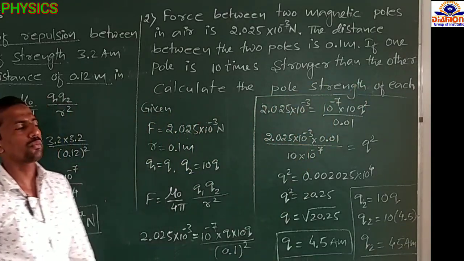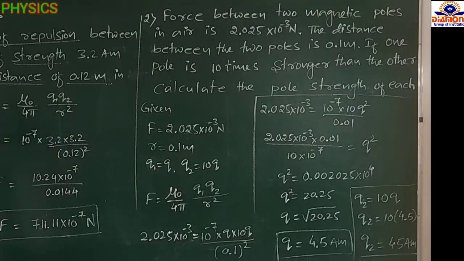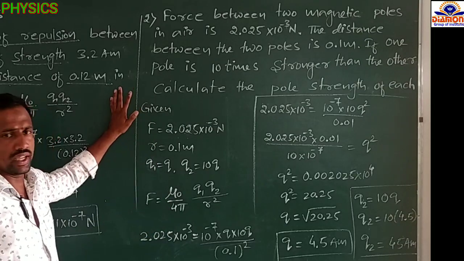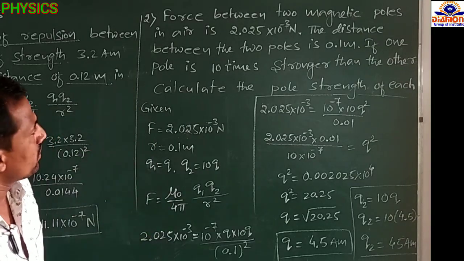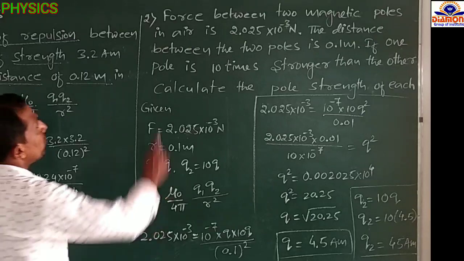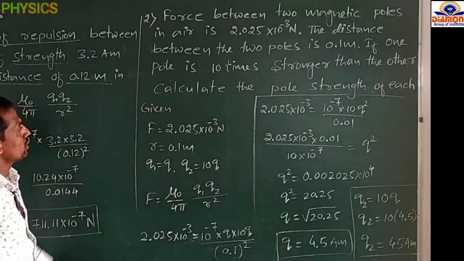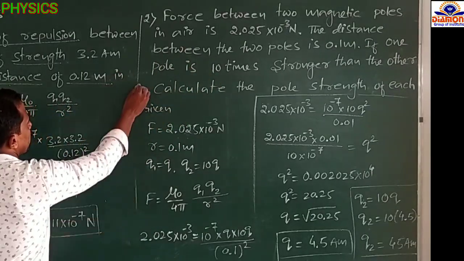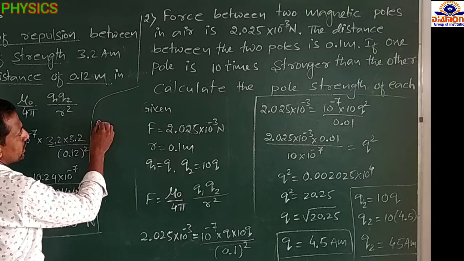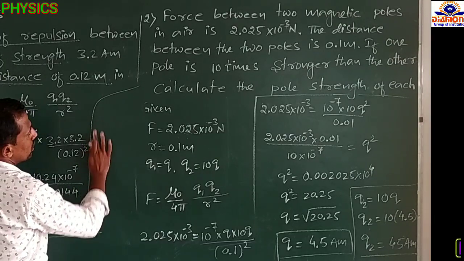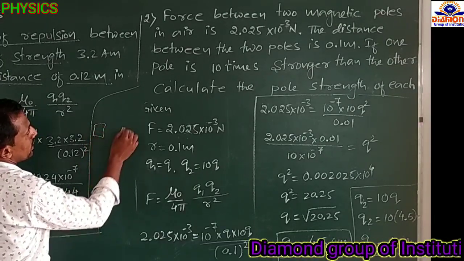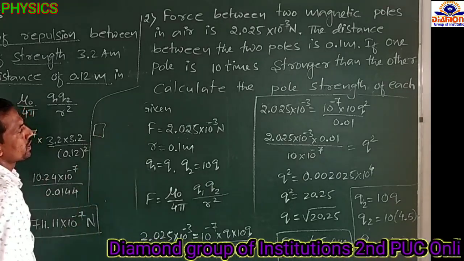We are calculating the pole strength of each. In this question, some values are given. For example, we are taking two poles, this is one pole and this is another pole.